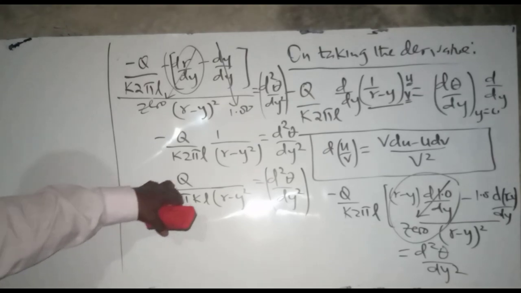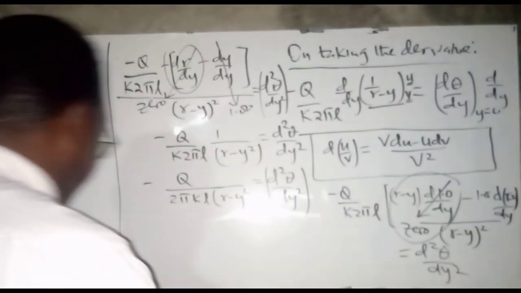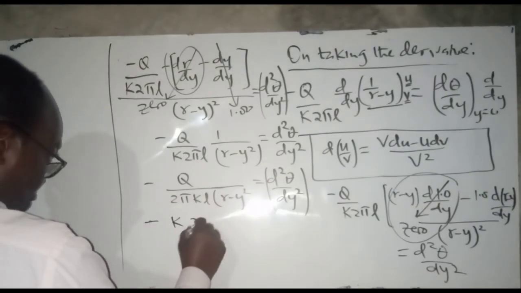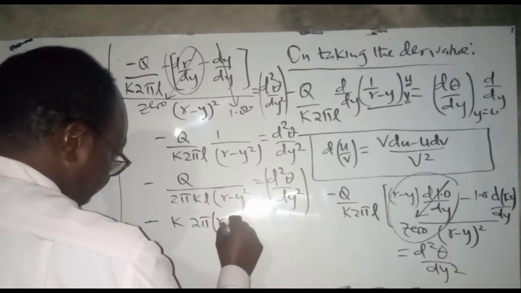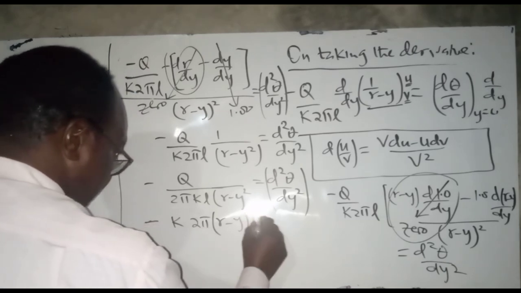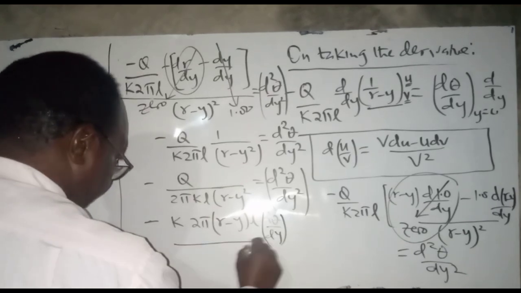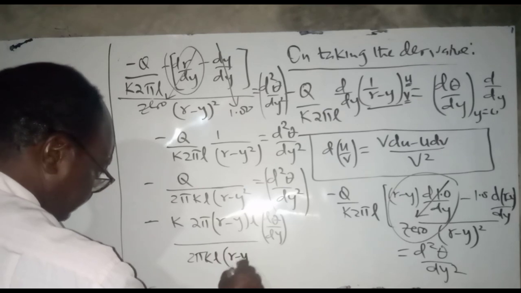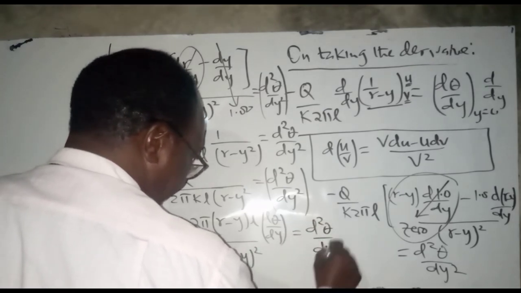And so if we substitute that q, which we started off with in Fourier's heat law, then we have minus k 2 pi (r minus y) L d theta over dy, divided by 2 pi kL (r minus y) squared, is equal to d2 theta dy squared.